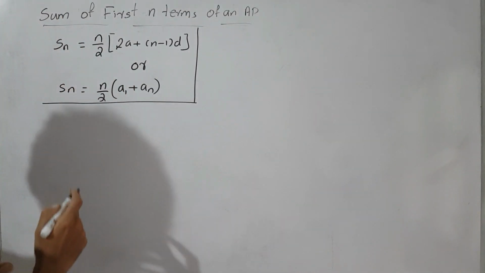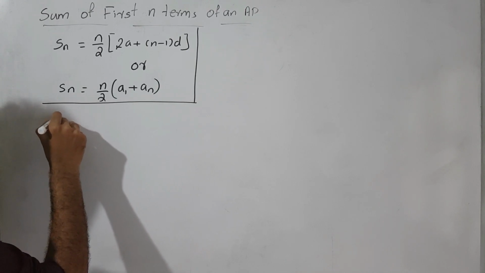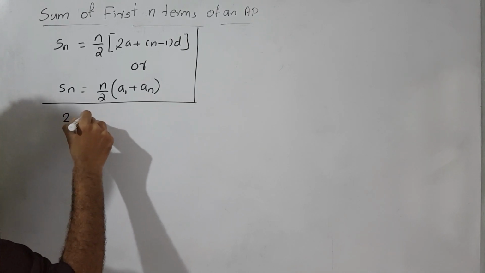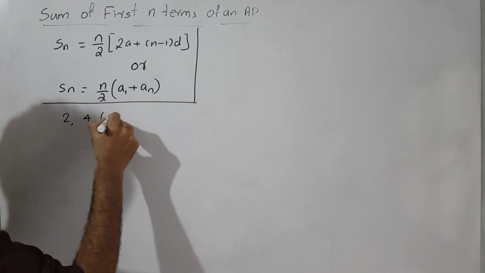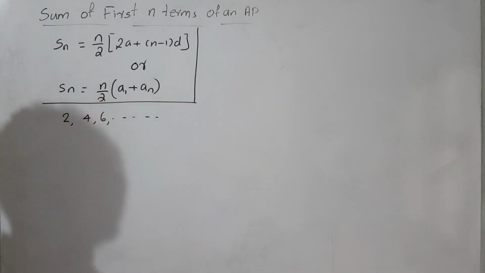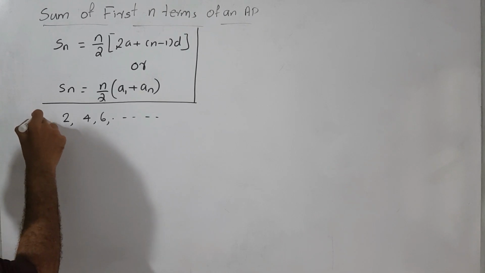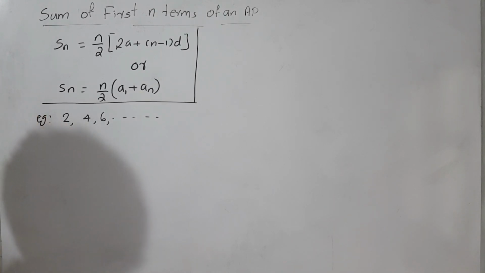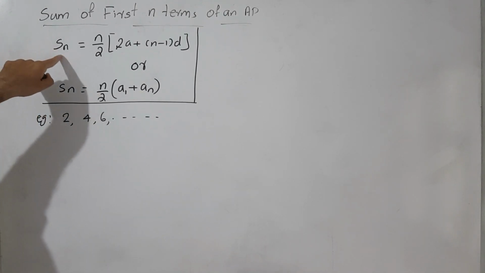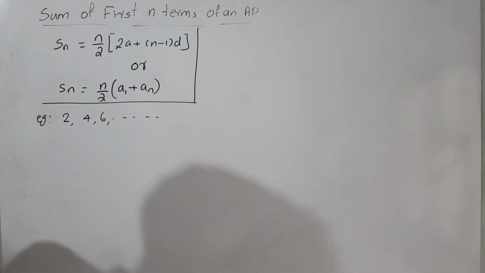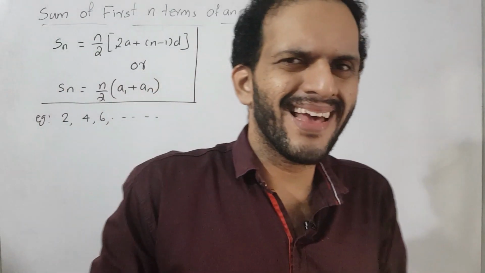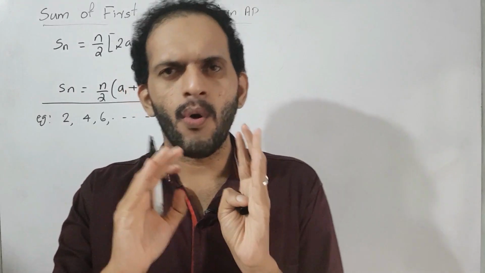Suppose we have an arithmetic progression 2, 4, 6, etc. as an example. Here n is the number of terms, and Sn means the sum of n terms.